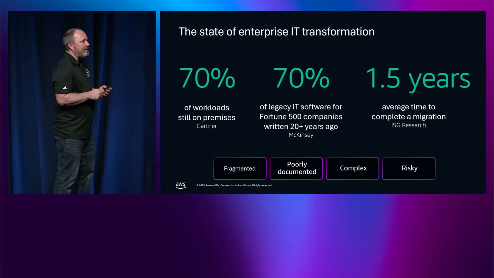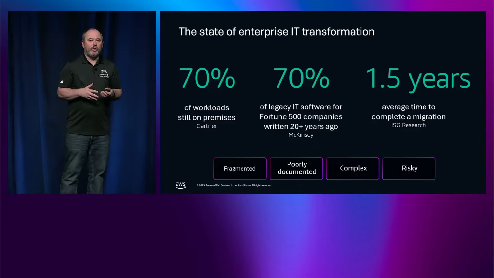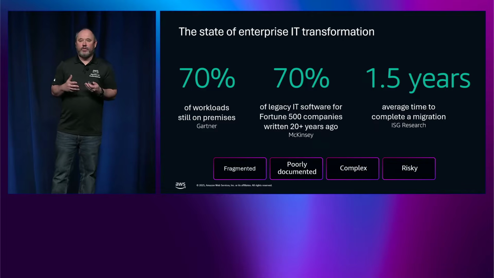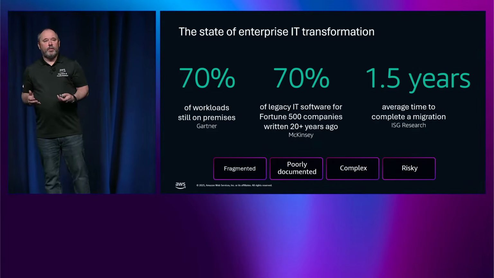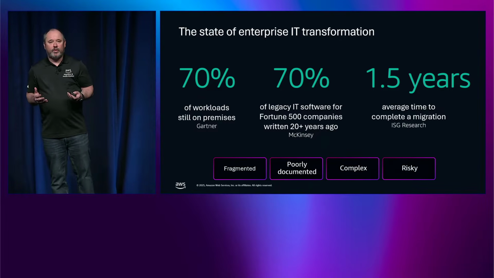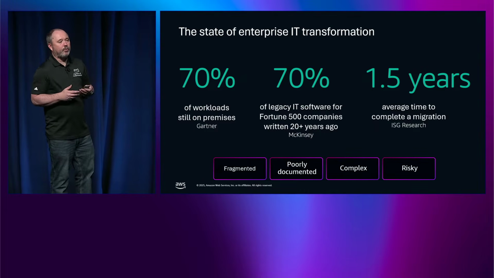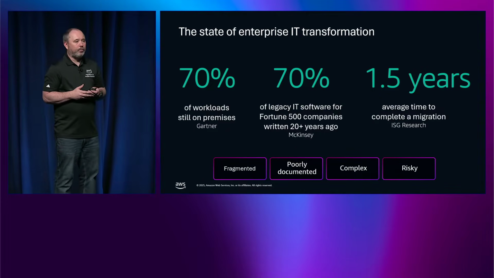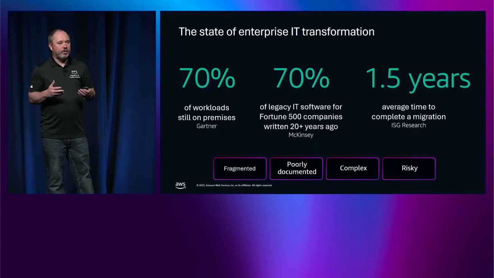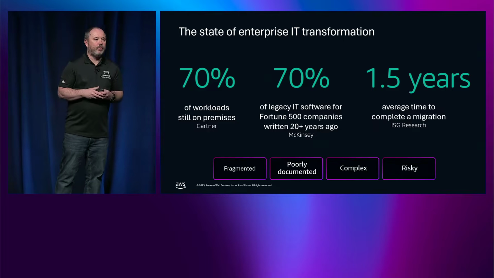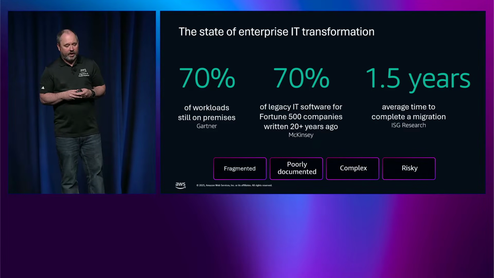70% of legacy IT software that Fortune 500 companies run was written over 20 years ago, according to McKinsey. So this is software that may no longer have the developer at that organization any longer. There may not have been good documentation or notes in the source code to indicate why design decisions were made. The software may be tied to older infrastructure platforms or have other dependencies that make it more difficult when it comes to security, modernization, performance, resilience, other challenges that customers are facing with these legacy enterprise apps.